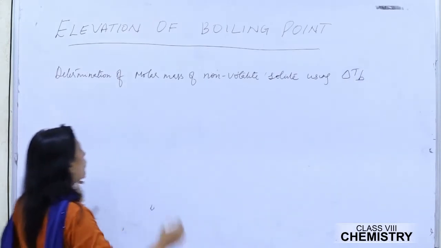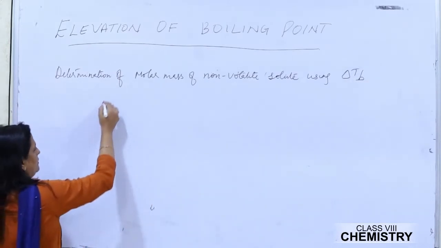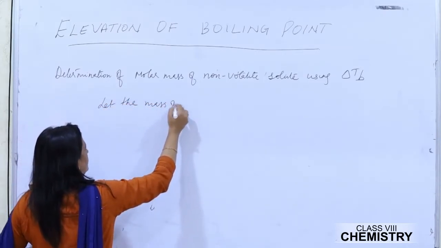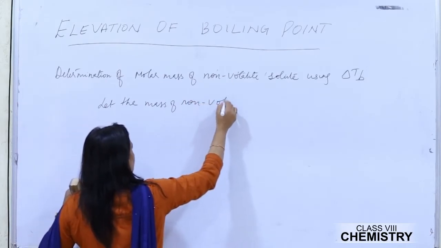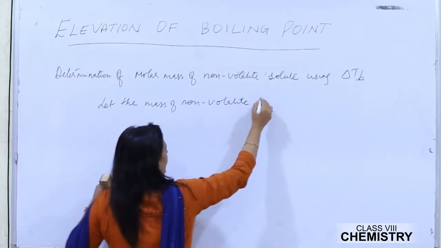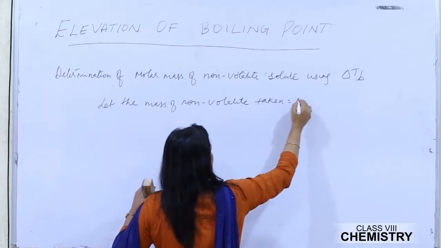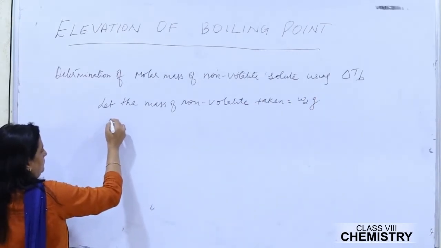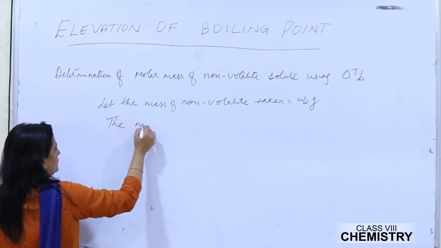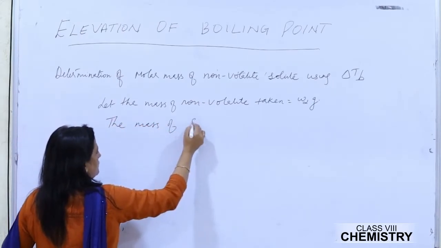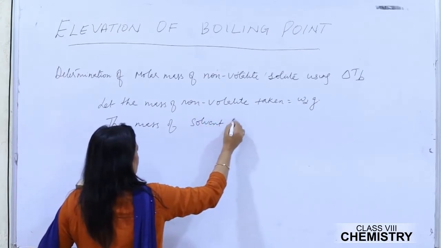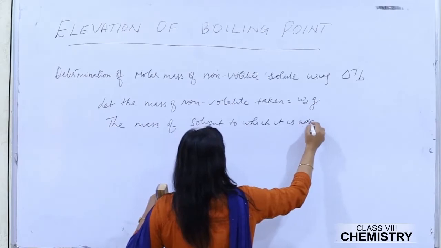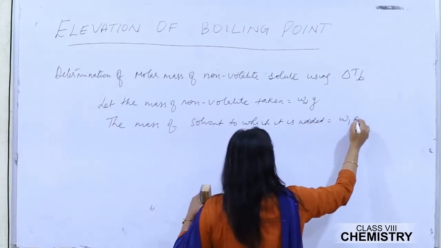We are taking a known mass of non-volatile solute. Let the mass of non-volatile solute taken be W2 gram. It is dissolved in a known mass of solvent. So, the mass of solvent to which it is added is W1 gram.